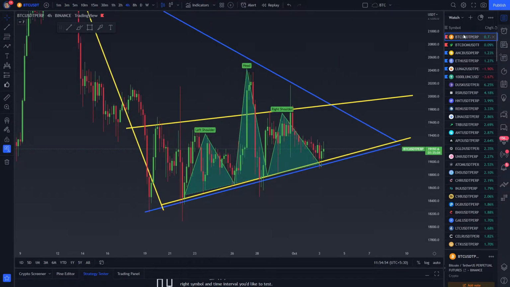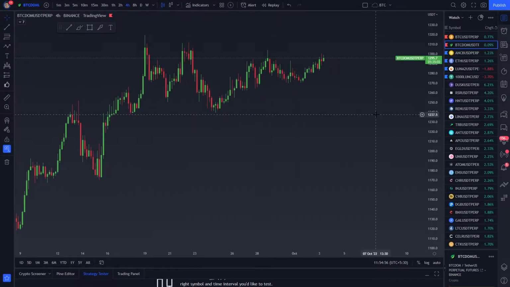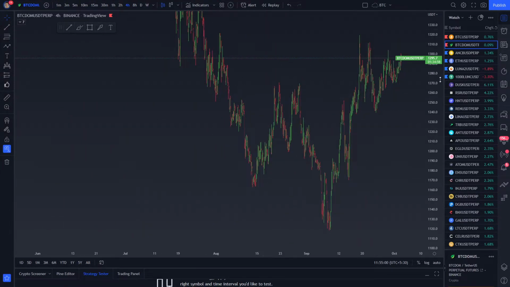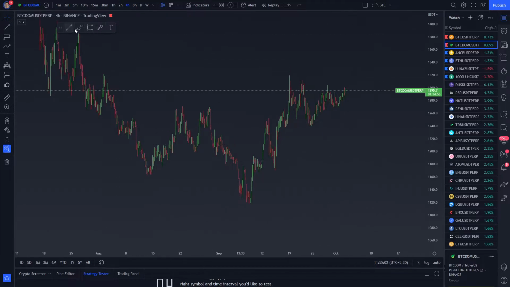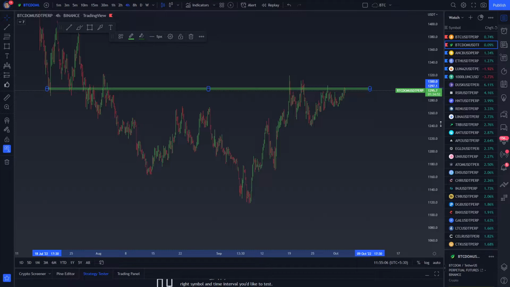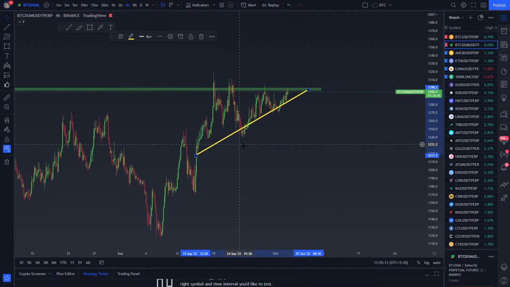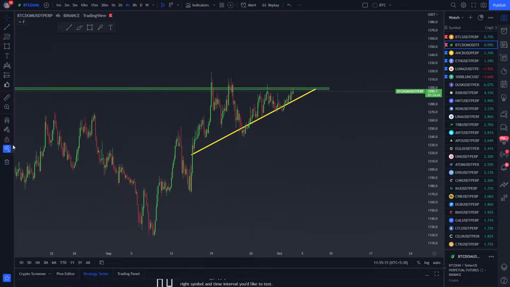In order to get more confirmations, let's quickly get into BTC dump and see what's happening over here. Right now we are trading at a support resistance zone, so I'm just going to make it green for now. We also have a sort of triangle pattern over here which is going to break out. Let's look through our indicators.